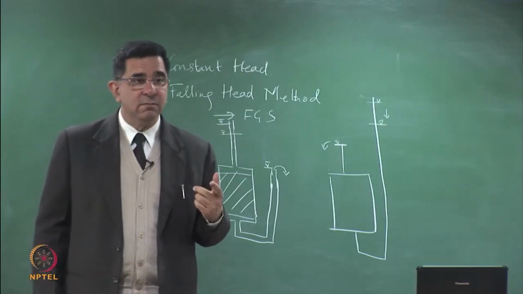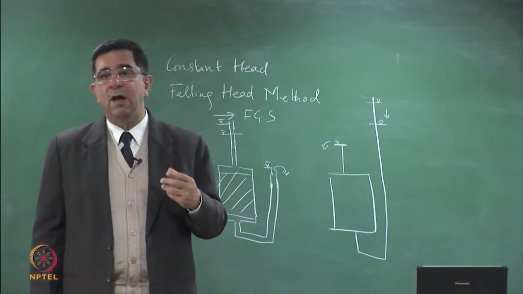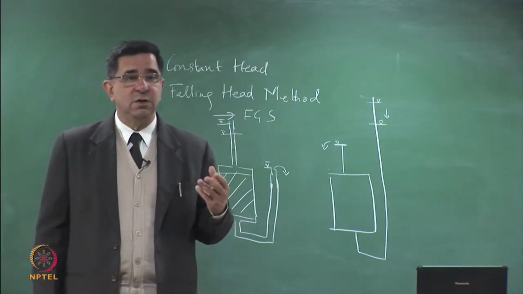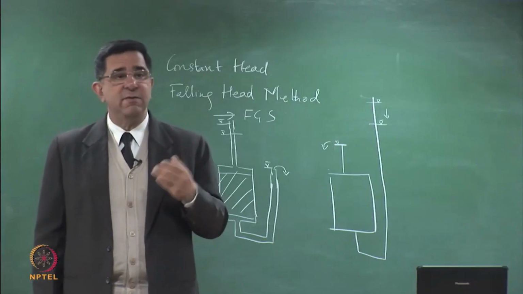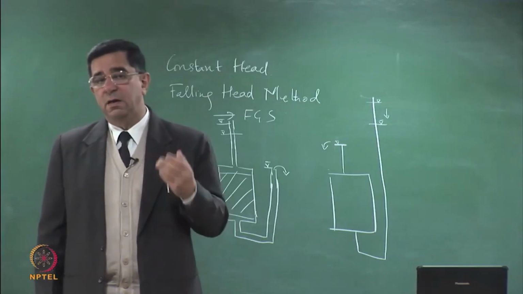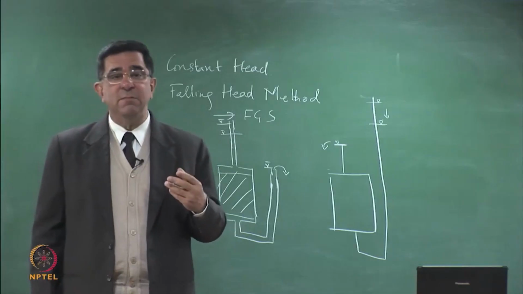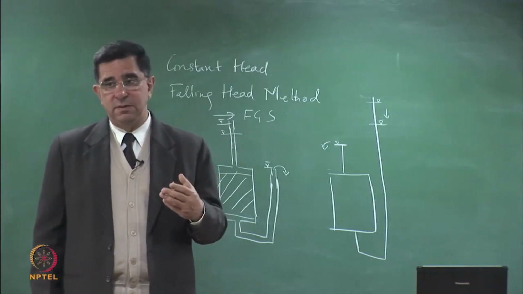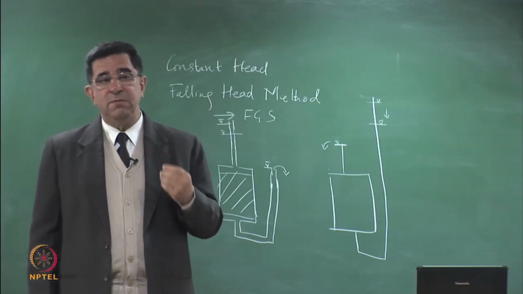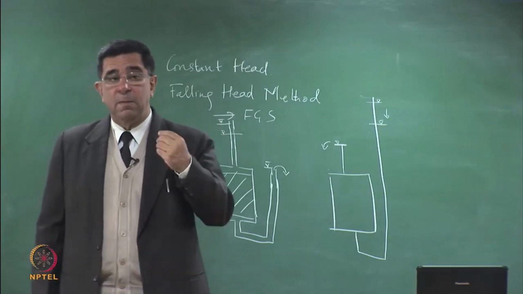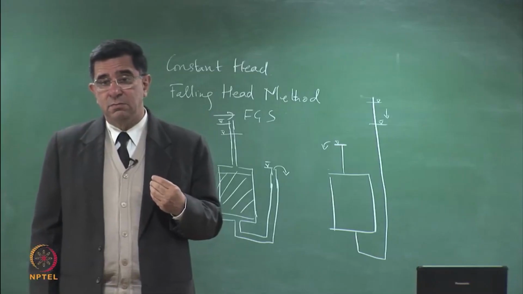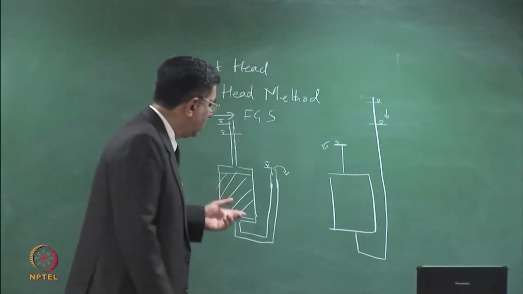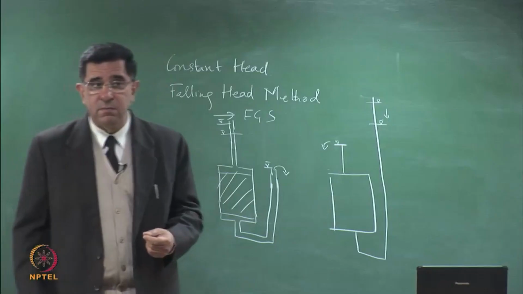Ideally it should be 1, because then that means delta change in cell pressure is equal to change in pore water pressure, but the acceptable level has to be more than 0.95. In fact, don't think 0.95 means 95% saturated. So you have to have a B factor very close to unity. So we can saturate a triaxial sample, but we can't saturate a large sample in the Proctor mold.